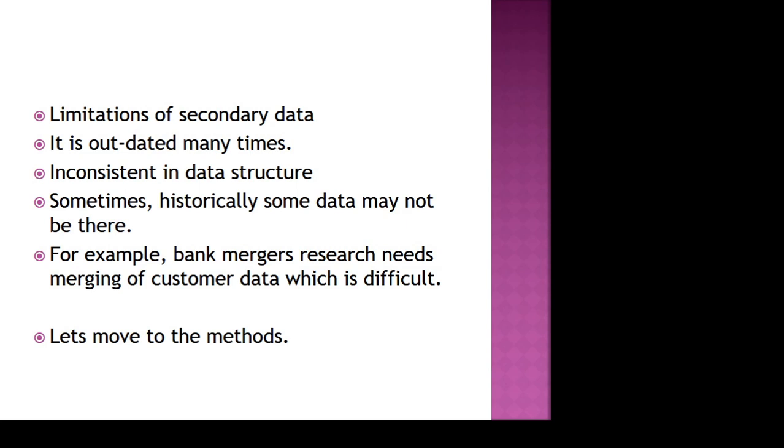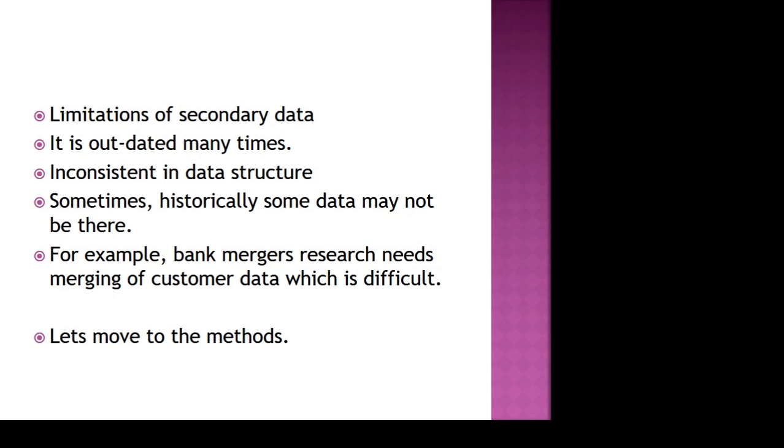Not only that, secondary source data is very inconsistent in data structures because it is generated by multiple people in multiple contexts in multiple countries. Therefore, all may not have followed the same structure, same layouts of the data. And sometimes, historically, these data may not be available for some times, some countries, some years. So, therefore, incompleteness or missing data possibilities are more in secondary source.